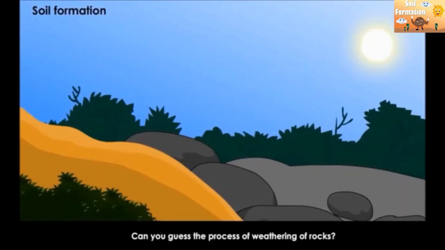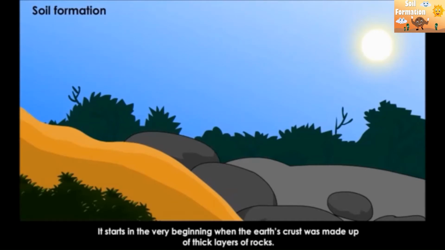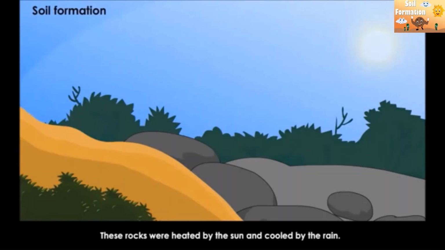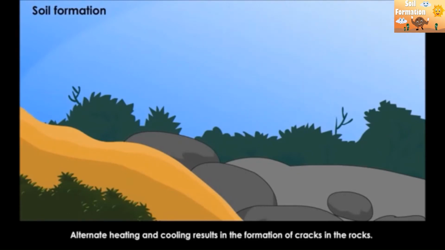Earlier, there were huge layers of rocks. It started in the very beginning, when the Earth's crust was made up of thick layers of rocks. Because of the sun and rainfall, this alternate process of high heat and cooling down by the rain caused the rocks to form cracks.